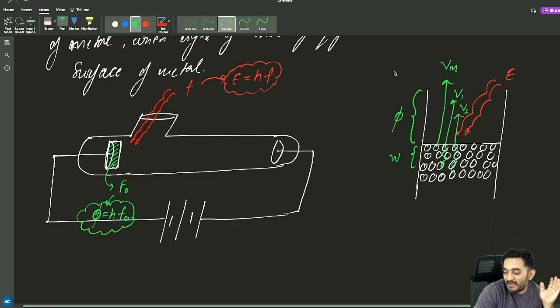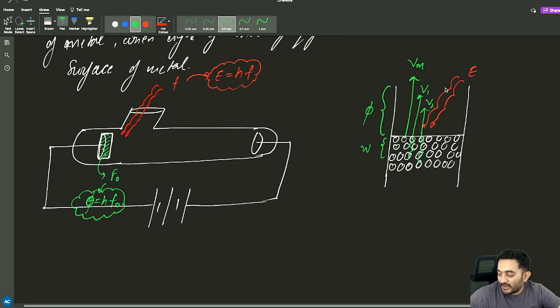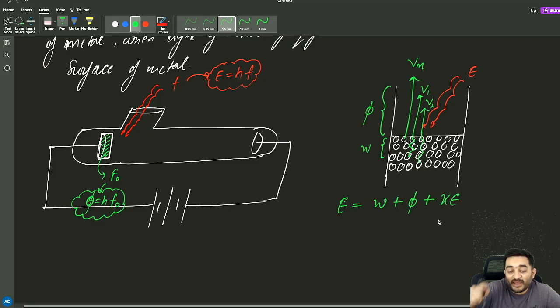So you have made a simple formula. The amount of energy given is E. W is the amount of energy you are spending to come to the surface. Phi is the minimum energy which you have to pay, and whatever remains is the energy by which you will leave the metal.